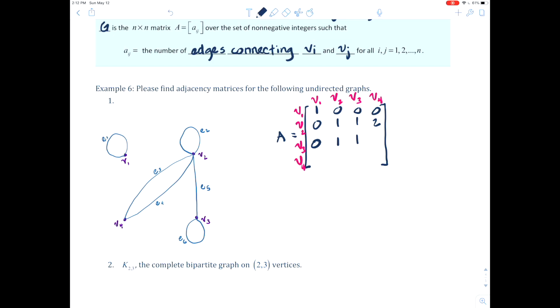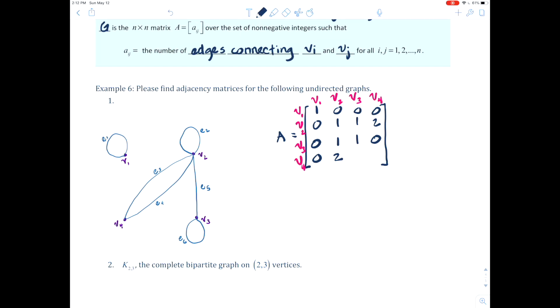And then does V3 go to V4 at all? No. Okay, so for V4, it does not go to V1. It has two edges going to V2 because E3 and E4 are parallel edges, right? And we're not worried about direction this time.